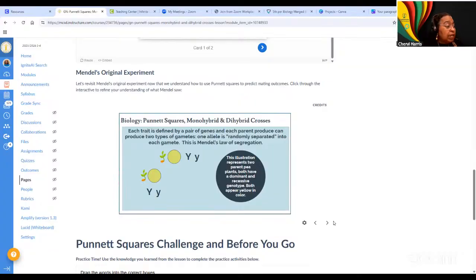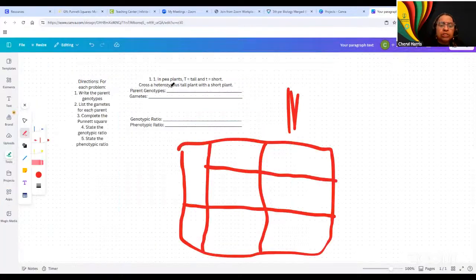If it's homozygous, the two letters will be the same, which means they're both either capital letters or they're both recessive letters. There's two ways to be homozygous. Homozygous dominant, you have two capital letters. Homozygous recessive, two lowercase letters. Okay? All right, so in our project, we are looking at heterozygous tall plants.